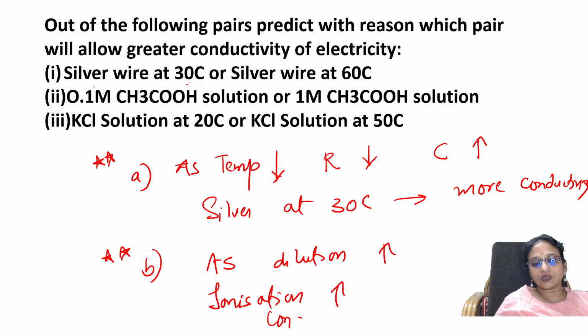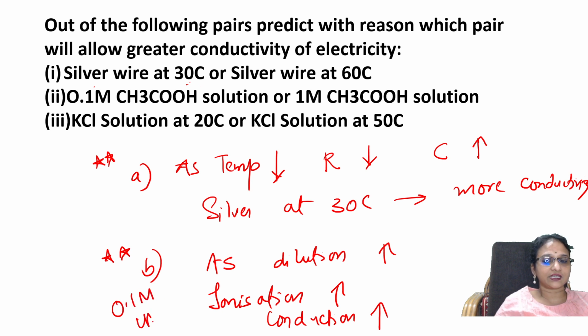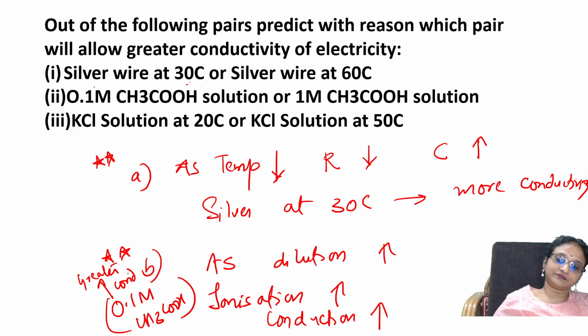Hence, conduction increases. Which one? 0.1 molar is more diluted. So 0.1 molar acetic acid has greater conductivity, because it is more diluted.